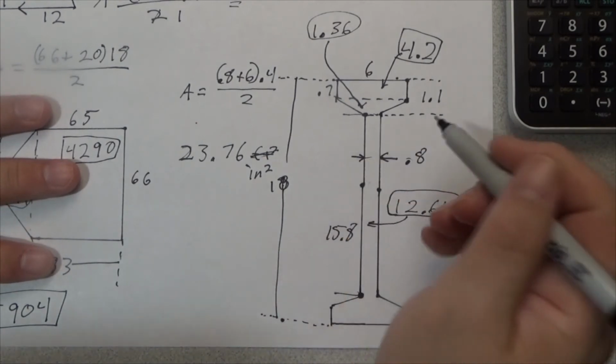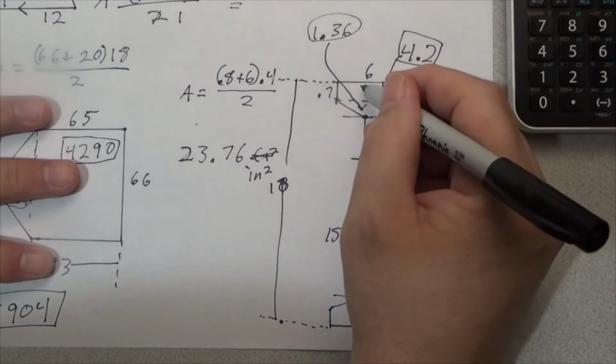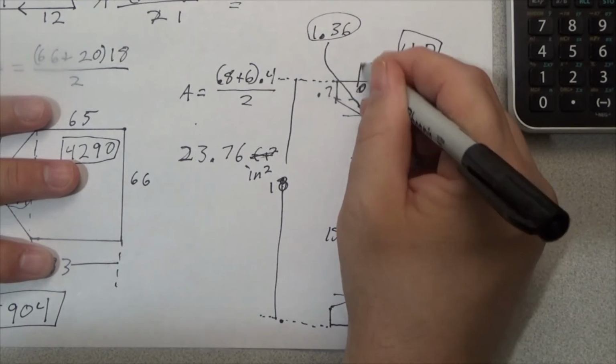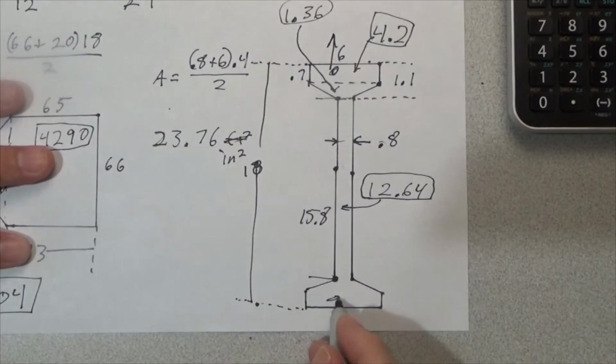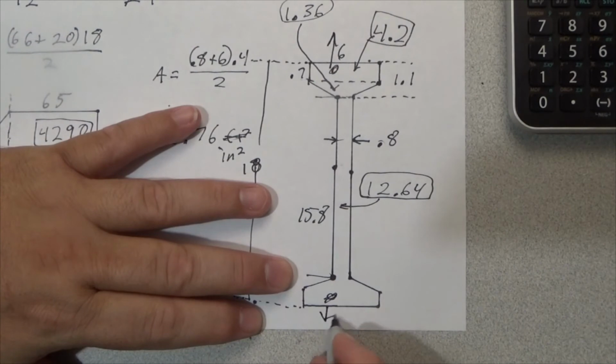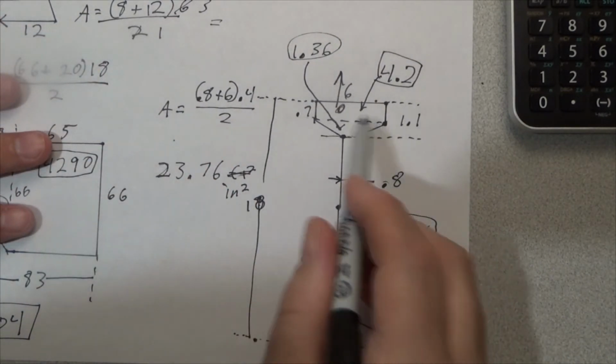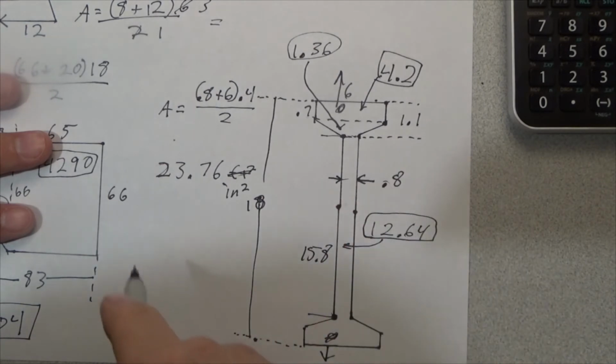I don't know why they would use this for tensile strength, but I'm going to make the assumption that it would be like hooking something here and pulling it that way, and then hooking something here and pulling it that way. That would be the tensile strength. And we would need this square inches to figure that out.